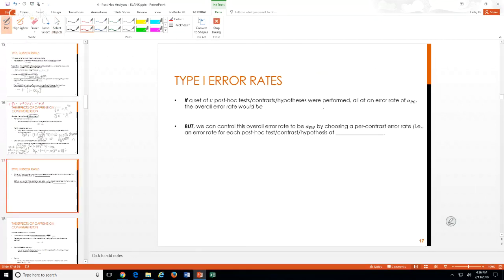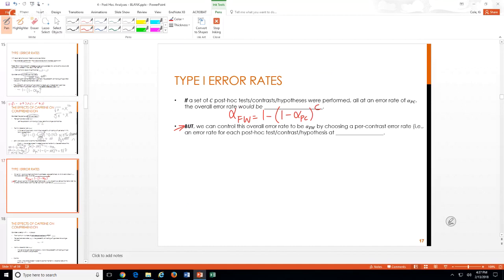So what did we just do? If a set of C post-hoc tests or contrasts or hypotheses were performed all at the same alpha per contrast rate, then the overall error rate would be alpha family-wise equals 1 minus alpha PC to the Cth power.